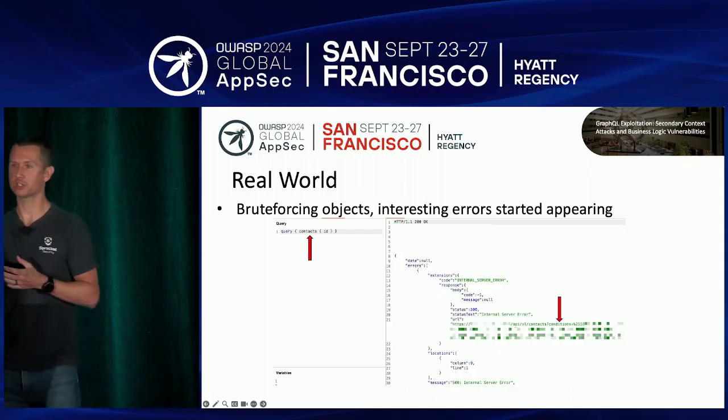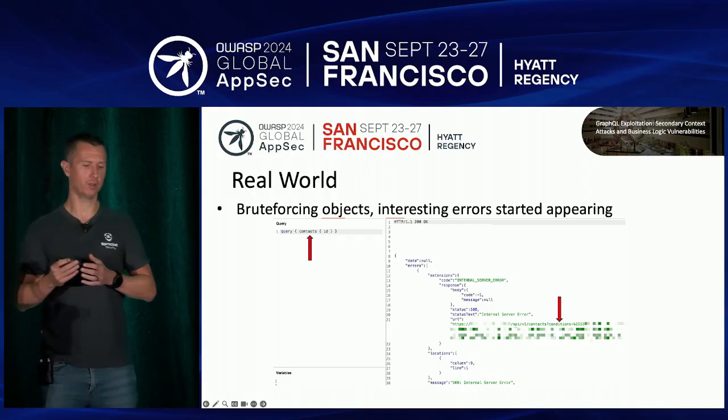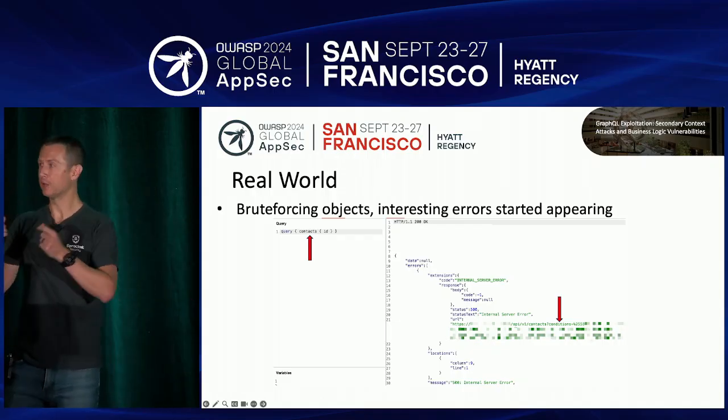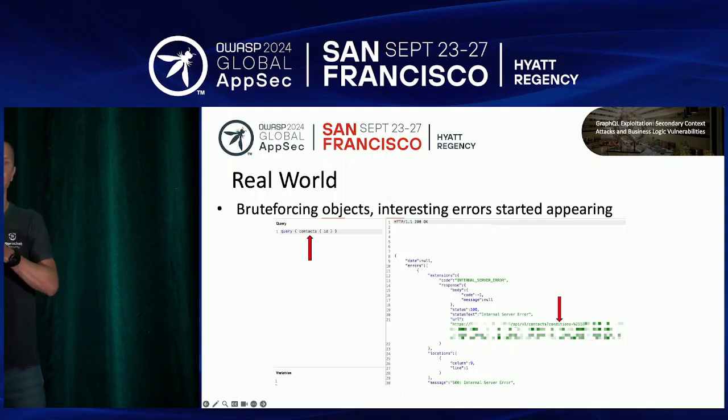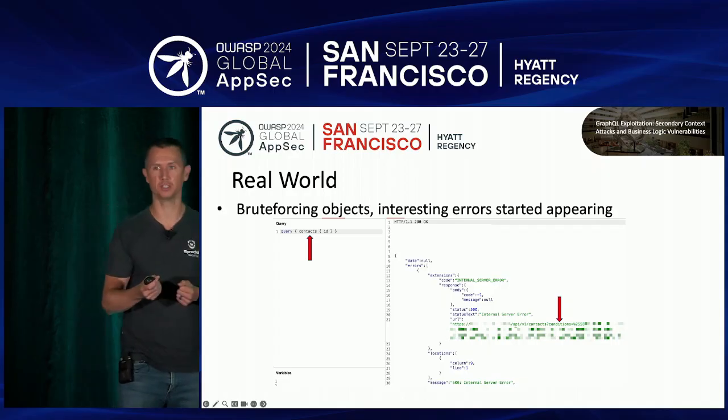From there, I took a dictionary of common objects and sub-objects and brute forced on them, and these interesting errors started appearing in that it would always disclose the backend host that it was requesting from. And again, if you've tested GraphQL, you've probably seen this before.